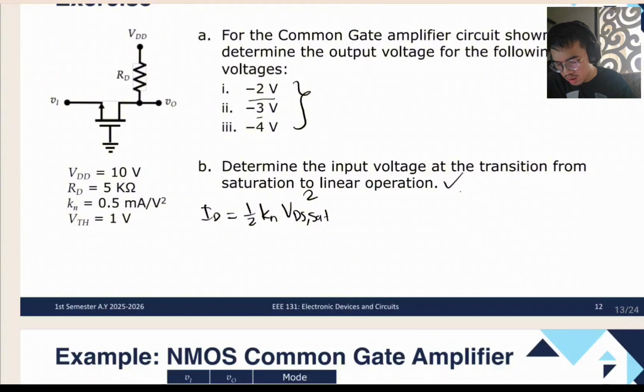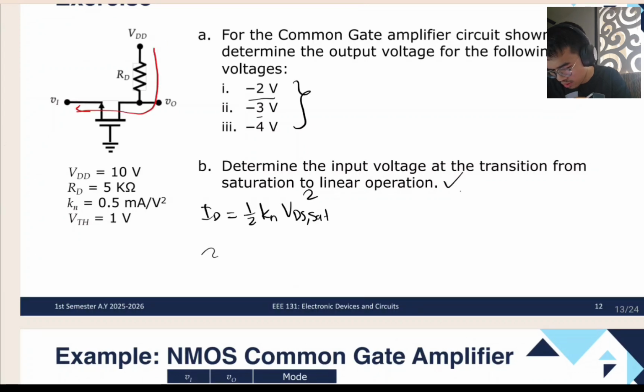Now, the next equation that you are going to need is just this part: VDD minus ID RD minus VDS sat, and that is equal to 0.